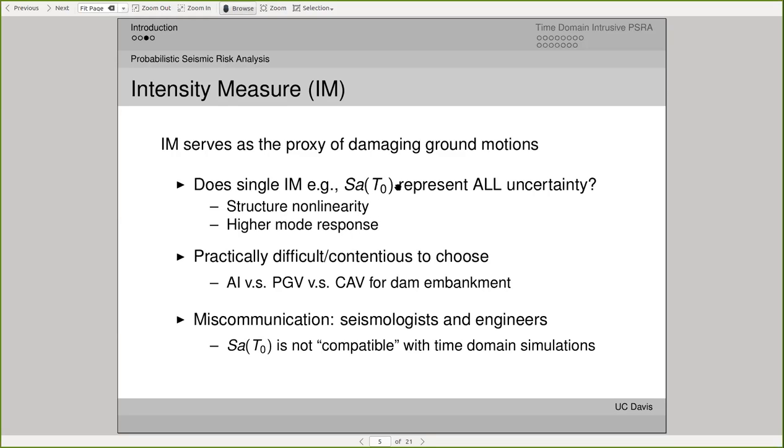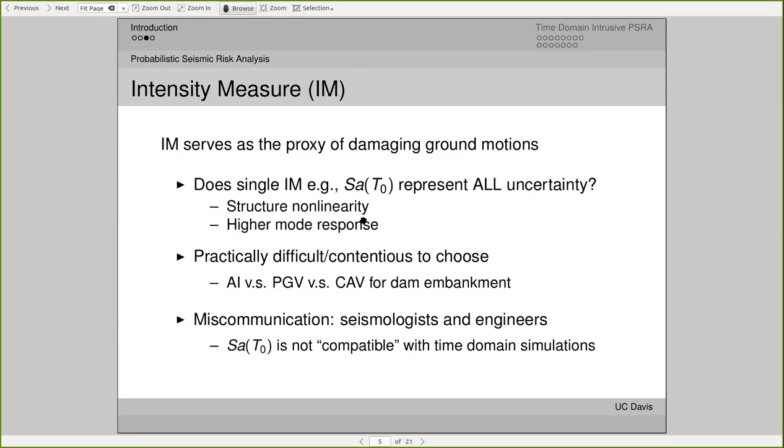Also, spectral acceleration at the fundamental period cannot capture the higher mode response, which can be quite important for high-rise buildings. And for any engineering system that cannot be simplified as a linear elastic single degree of freedom system, spectral acceleration at the fundamental period of the structure does not work well.